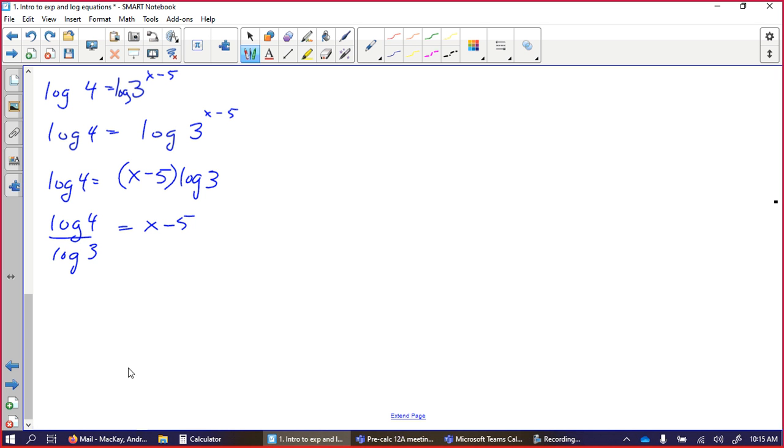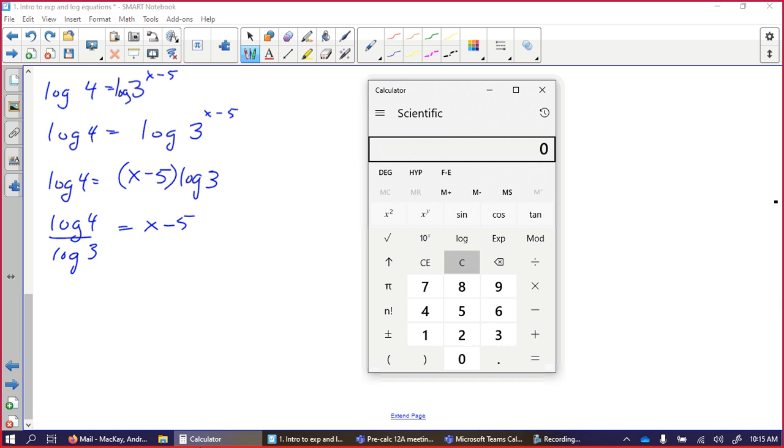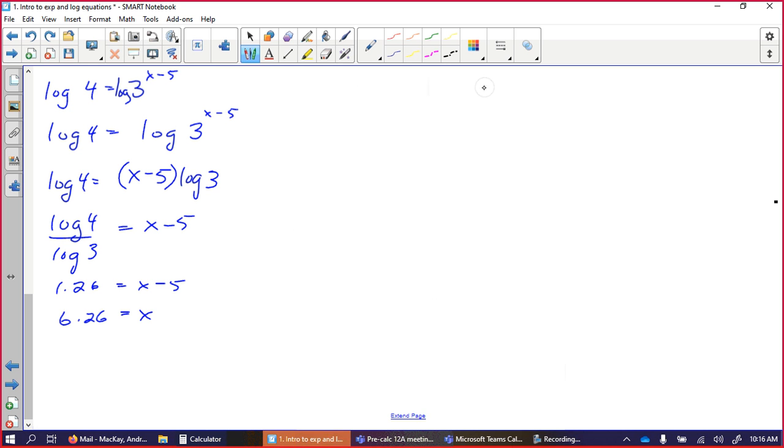I'm going to evaluate that now. Log 4 divided by log 3 equals our x minus 5, then add 5, which gives 6.26. So the ordered pair here is 6.26 and 0.